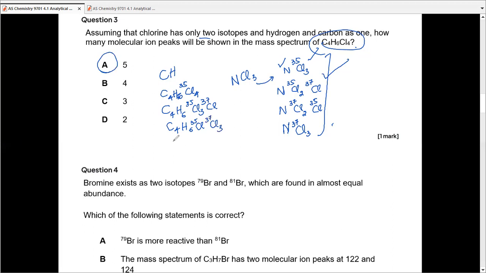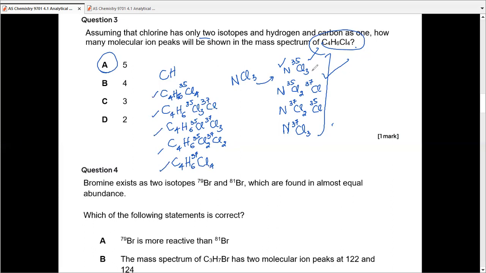And then there is C4H6 when there is an equal chance of two Cl of 35 isotope and two Cl of 37 isotope. Or there can be a compound with all four Cl to be 37 isotopes. So 1, 2, 3, 4, 5.